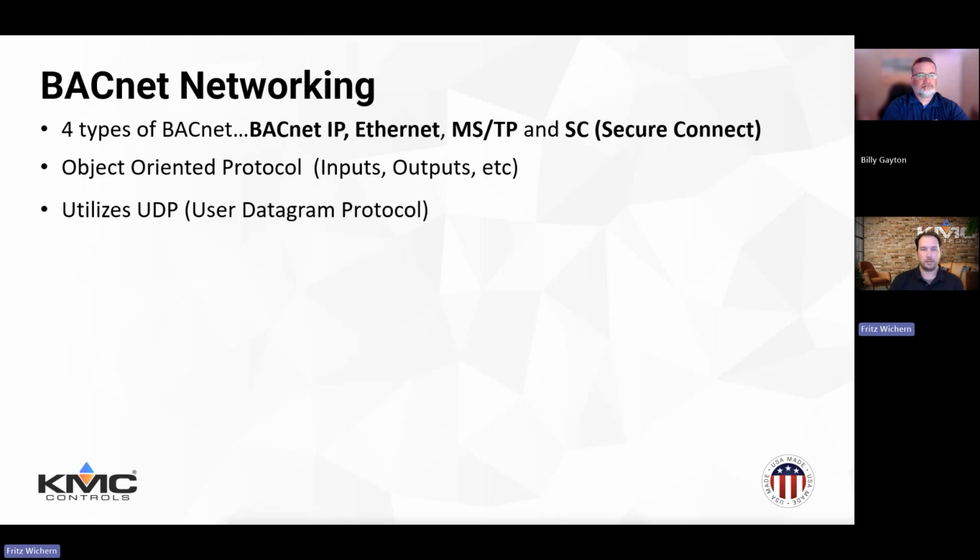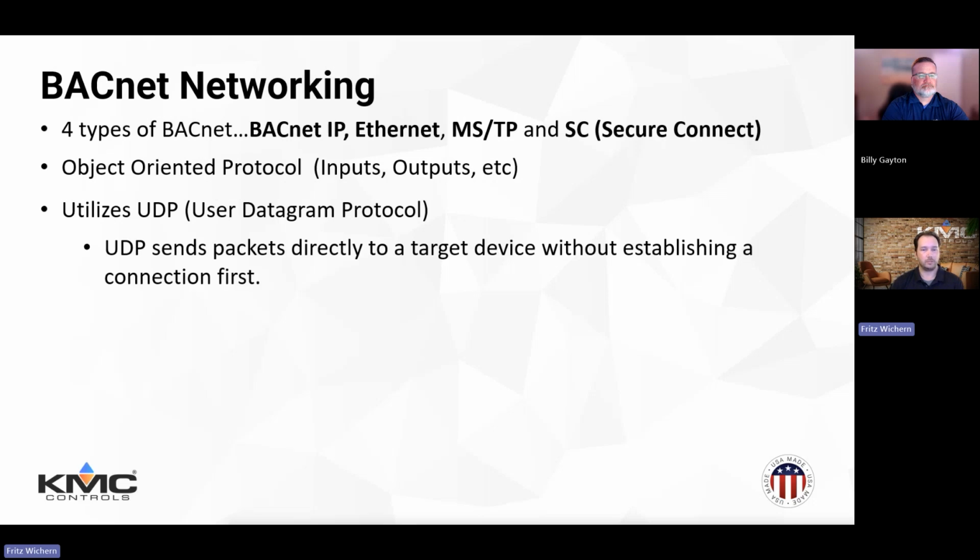The difference between TCP and UDP: UDP is important because it's a protocol that BACnet and many of the emerging IoT protocols use, and it allows messages to communicate across multiple subnets.